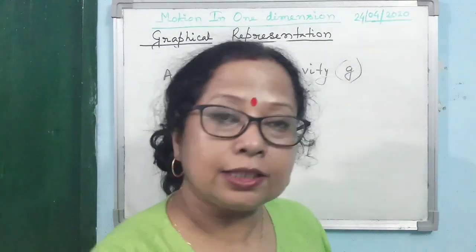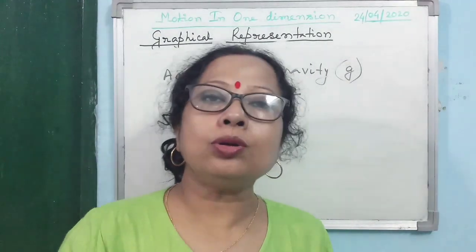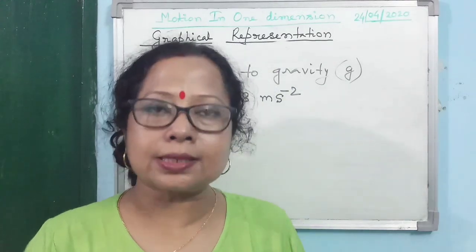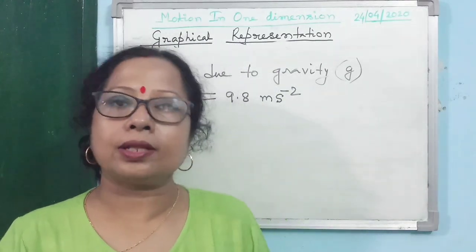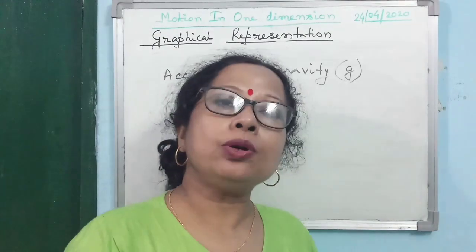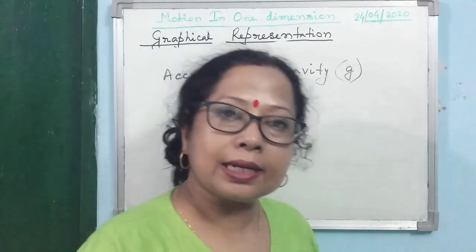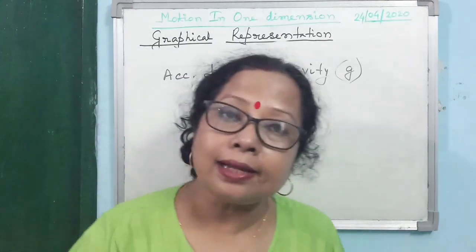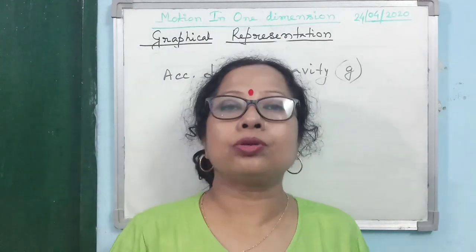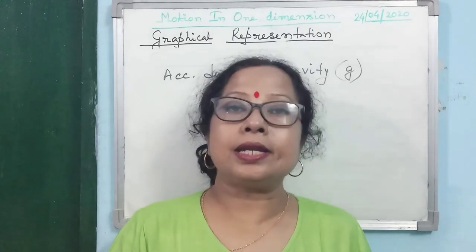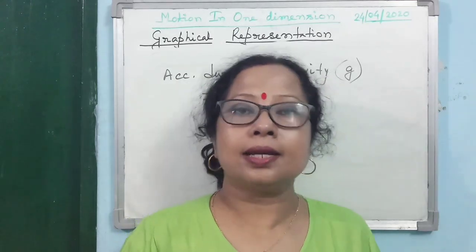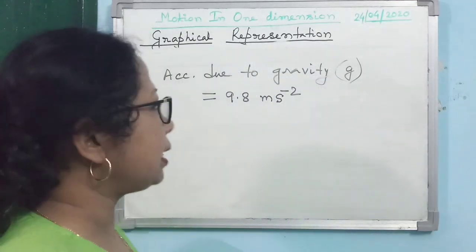On the earth's surface, acceleration due to gravity has the maximum value. If you go to a certain height, it decreases. If you go inside the earth, it decreases. And if you go to the center of the earth, then acceleration due to gravity is 0.